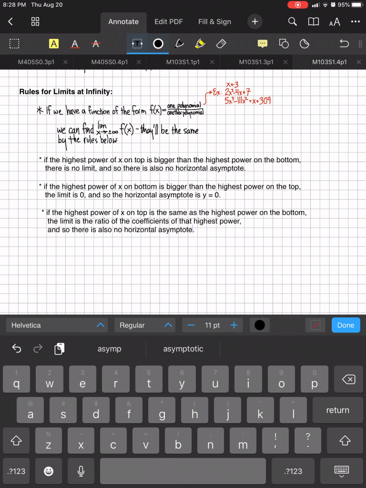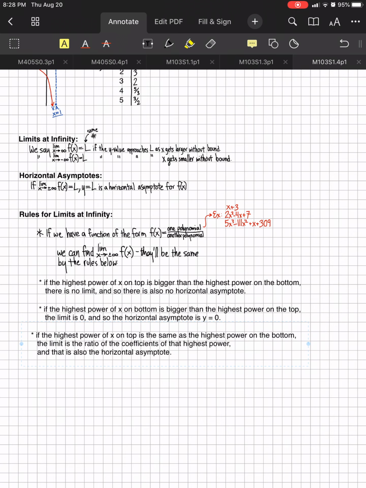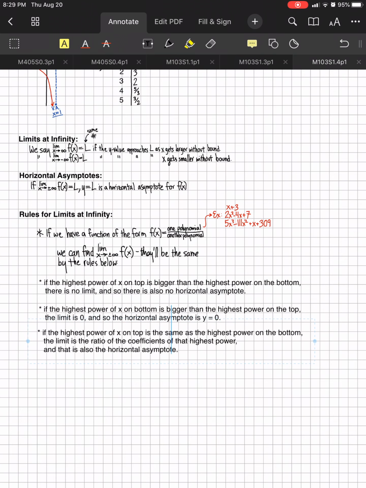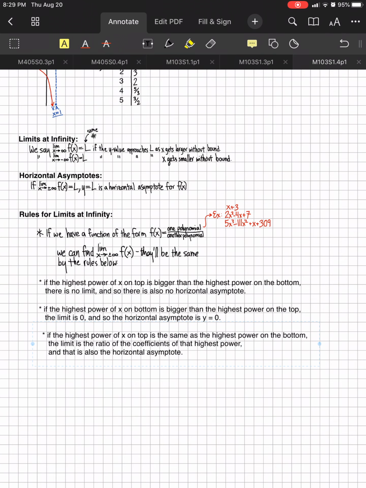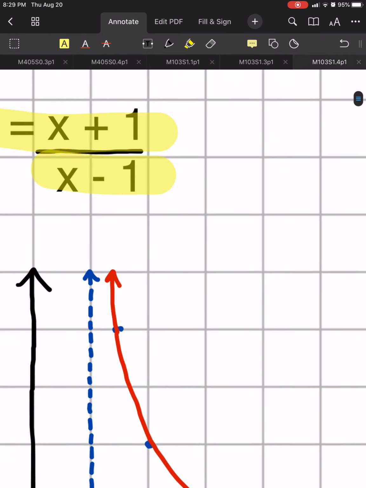And that is also the horizontal asymptote. So here that might be, hang on, there we go. So let's take a look at this last case because we've already done an example here.